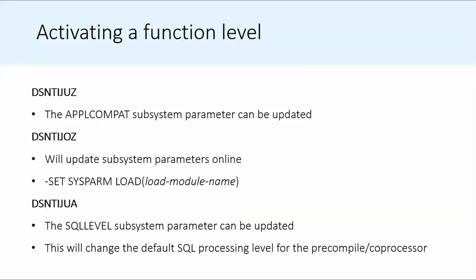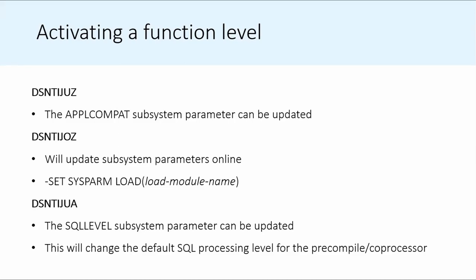And we go into detail on the next slide for each of these, where DSNTIJUZ, that first one that's listed here, is for modifying the subsystem parameter module with the APPLCOMPAT value. This would have been specified on a previous panel that you were going through, and this is where you can update that APPLCOMPAT subsystem parameter with that job.